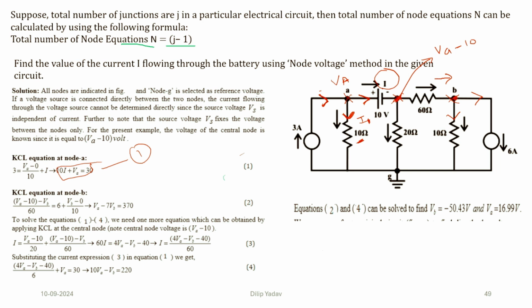Now we are going for the second equation. The second equation is like this. I said we are going to calculate from this point, the current is entering and it is split into two parts, this and this.